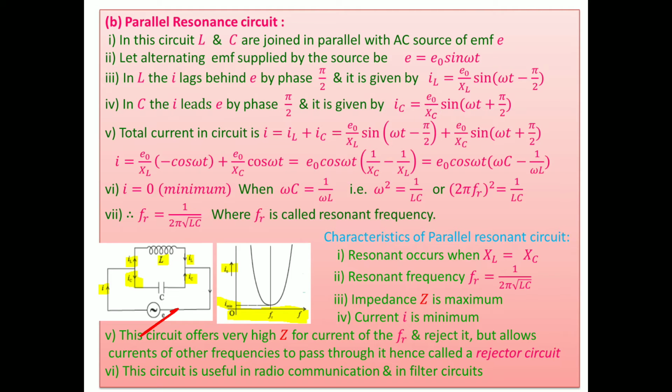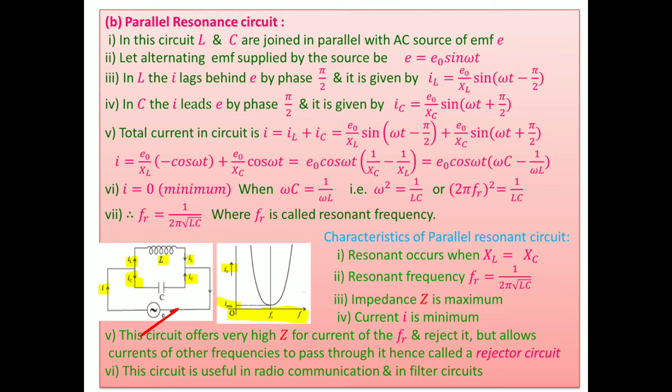Thereafter, in the first term the minus sign is taken common, sin of minus (pi by 2 minus omega t). Sin pi by 2 minus theta is nothing but cos theta, so you can take here minus cos omega t.